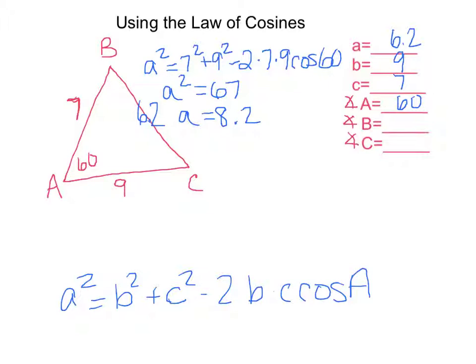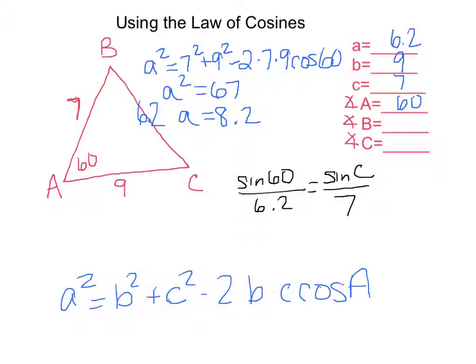Now, we have an angle and a side across from it, so let's use the law of sines. So to do this, let's say the sine of 60 over 8.2 is equal to, and you can pick whatever you want. I'm going to pick angle C, so the sine of angle C over 7. You know how to solve this problem. We'll cross multiply, we'll divide.